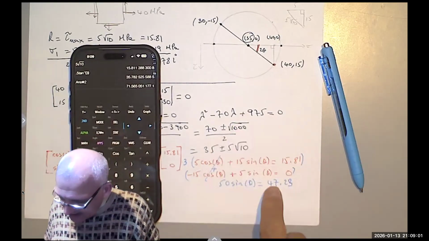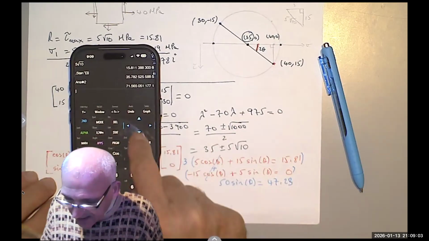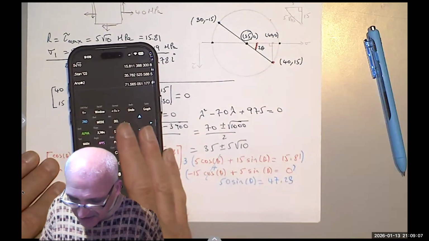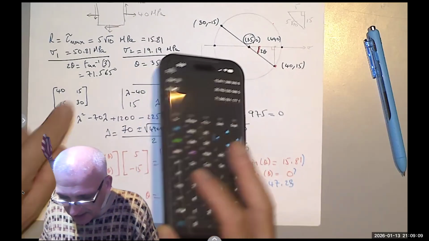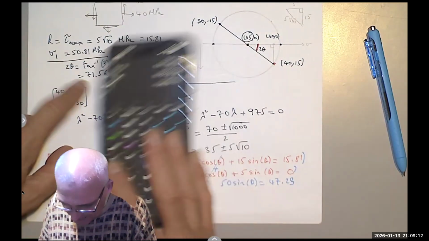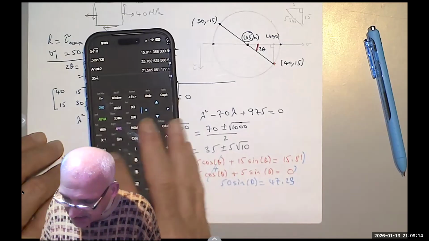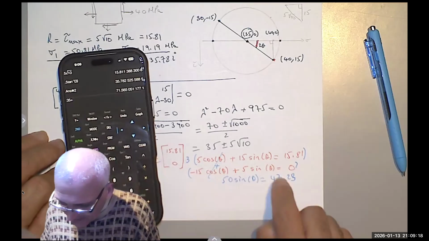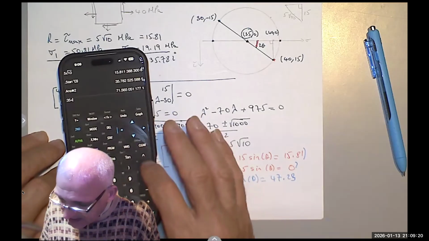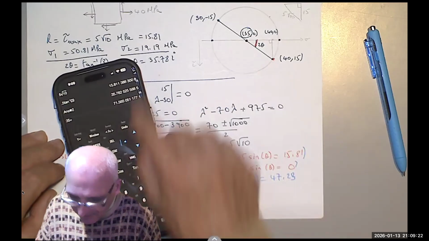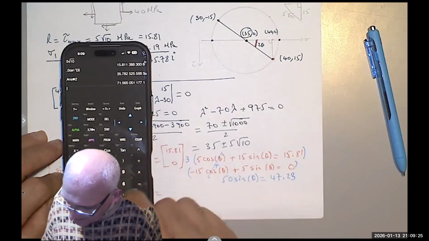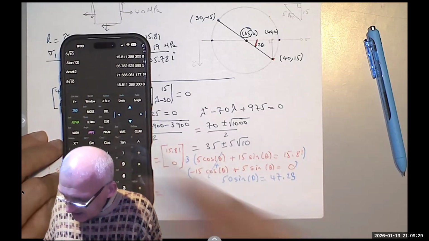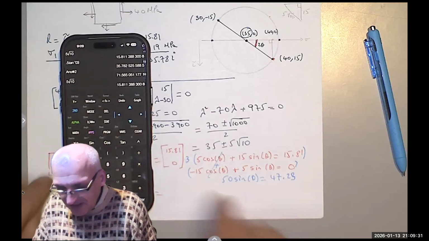So I'm going to multiply, let's first get, no, I don't want 35. I want to get 5 root 10, right? 5 square root of 10. This number is 15.81.